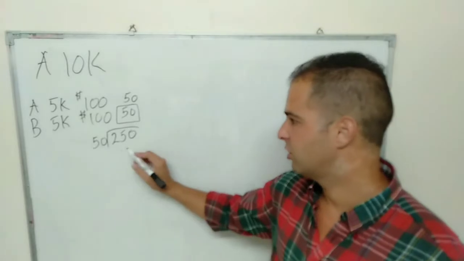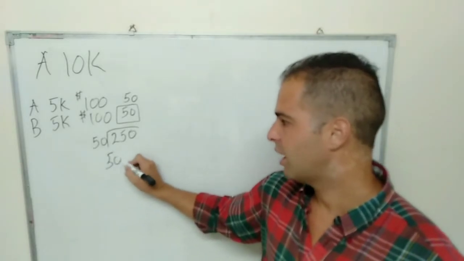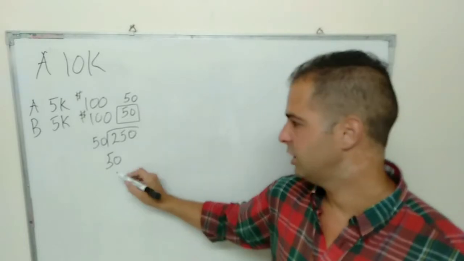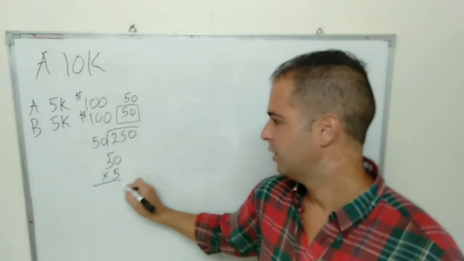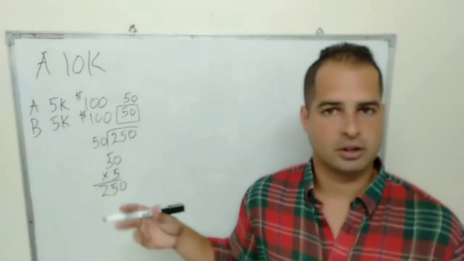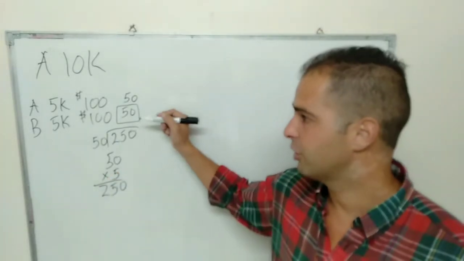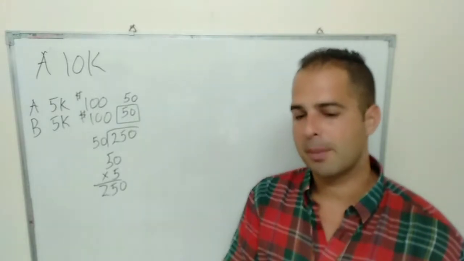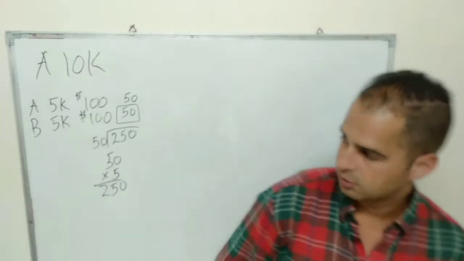If I lost $5 on 50 stocks, I'd lose $250. And if I did that for each stock, the total I lose is $500. That's my max. So $5, okay?